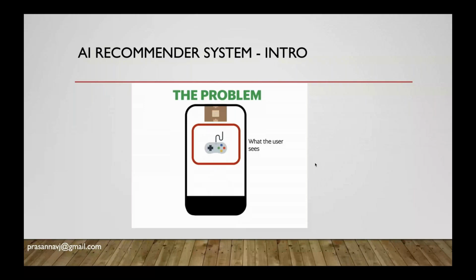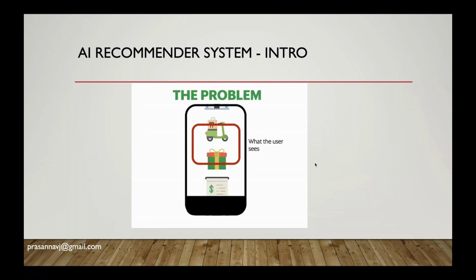It could be your e-commerce platform, it could be your video delivery platform, it could be anything that is interfacing with the users. If it is not providing what the users are expecting, it is going to be a problem for that provider.